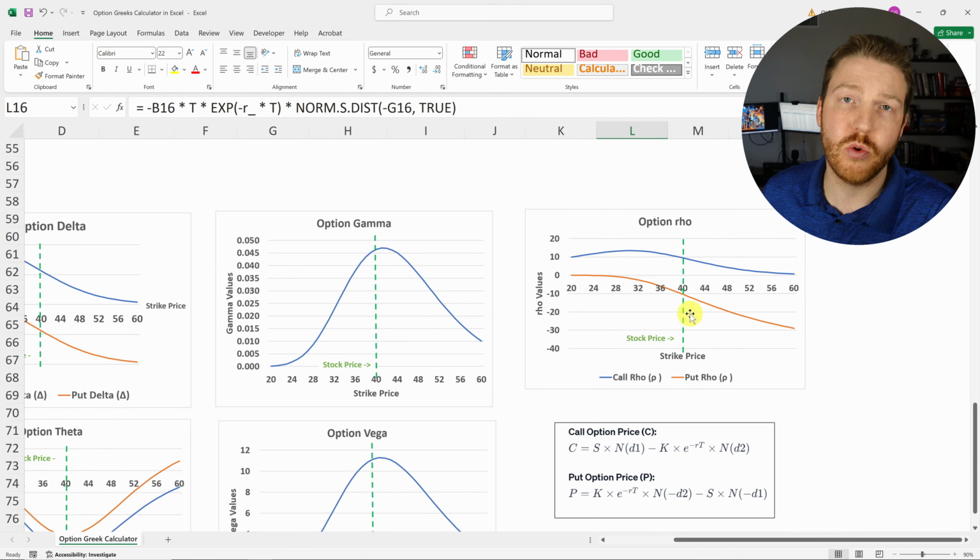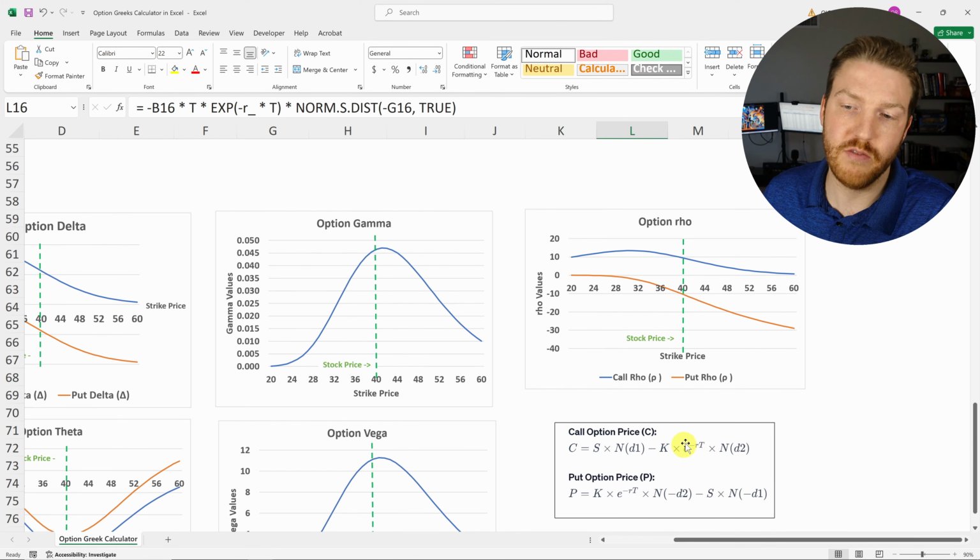It has everything to do with interest rates and the cost of carry. So I've brought in the Black Scholes Model formulas of how to calculate the call option price and the put option price. One thing you'll notice is that for the call option, you take the underlying stock price and then subtract the strike price, but the strike price is discounted back to the present value.